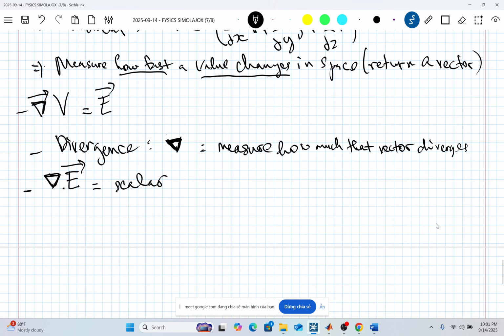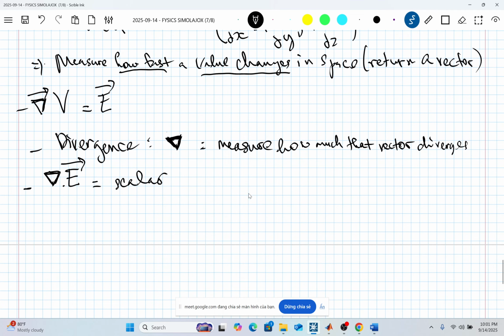Okay, I assume that you have this vector field. You can easily see that every vector in this vector field is pointing away from this point, which means that the vectors here have the tendency to diverge away from the point that you are examining.